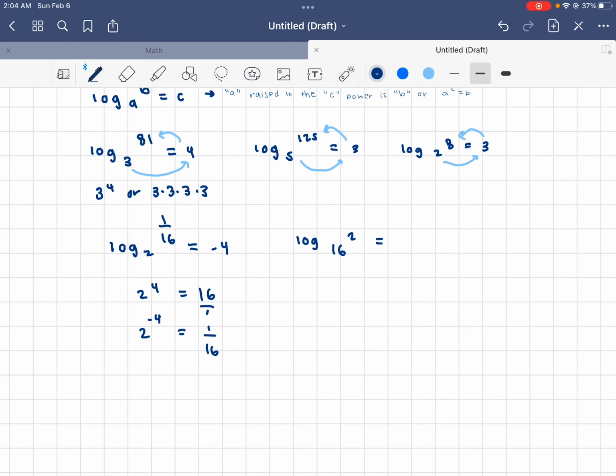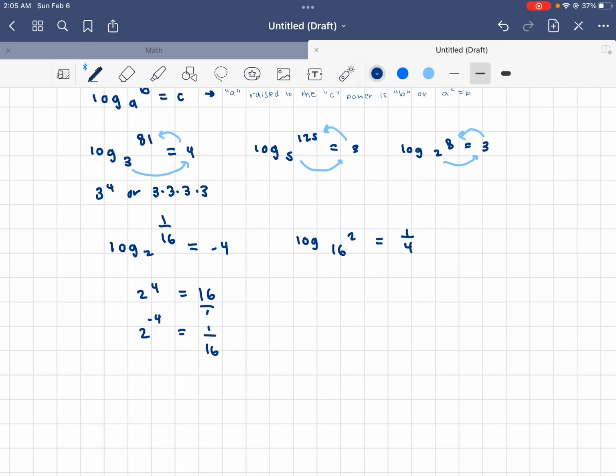Well, we're going smaller, which means we're going to need a number that is smaller than 1. So I look at the relation. 4 to the power of 2 is 16. But since we're going the other way this time, it's going to be 1/4 instead. So 1/4 is our answer for that.